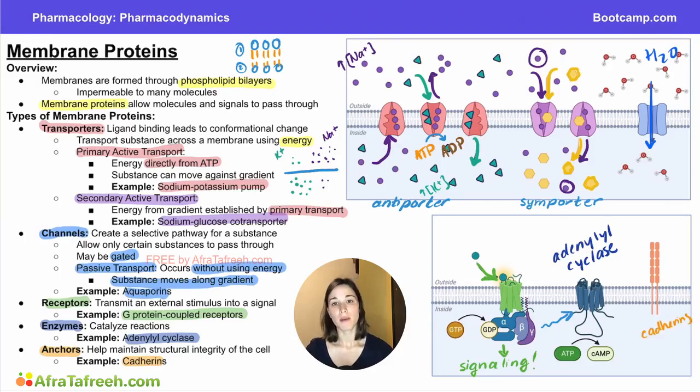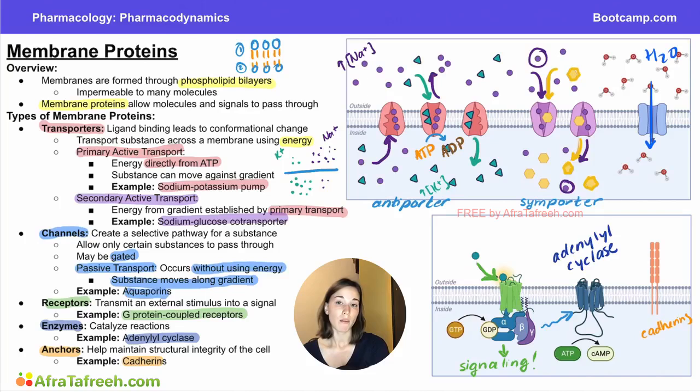So to sum up, the barriers formed by membranes are an important part of establishing cell and organelle function and identity. Membrane proteins help pass molecules and signals from cell to cell and within a cell in a regulated way. Transporters use energy to move molecules against their concentration gradient, with the energy for primary active transport coming from ATP, and the energy for secondary active transport coming from the potential energy of other molecules moving down their concentration gradient.